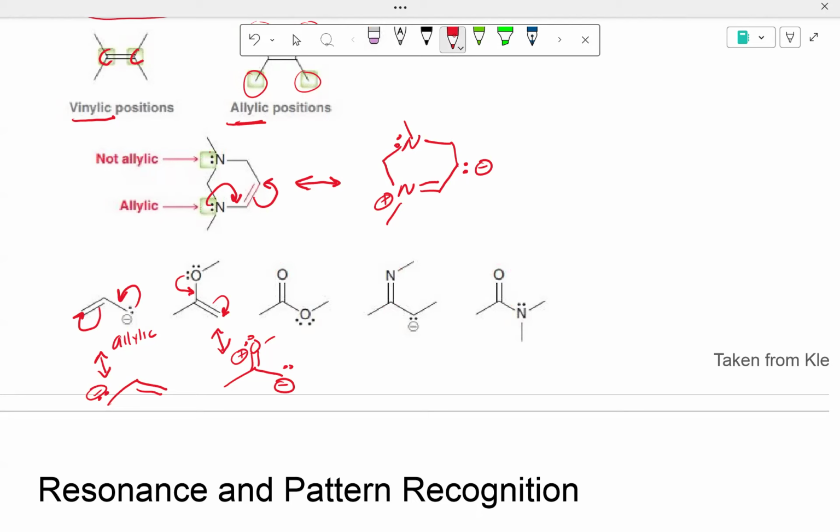I'm going to take a lone pair, move it towards that double bond, and move these electrons to that atom. Notice it's the same trend as the first two examples. It's just that technically it's not an allylic position because the double bond there is not a carbon-carbon double bond, but it acts in the exact same way.